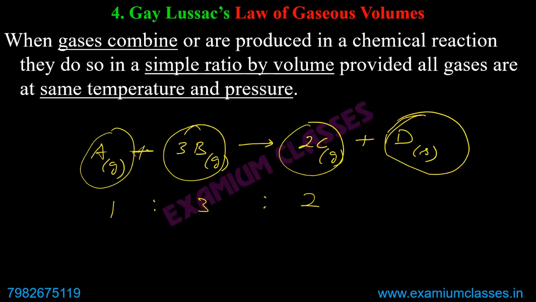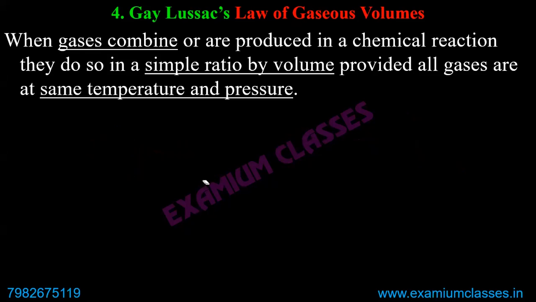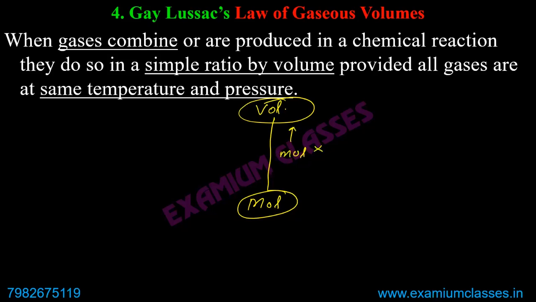Liquids and aqueous substances will not be considered, only gases will be considered. And the ratio of the volume will be actually the ratio of their moles, because you know 1 mole of the gas, if you convert into volume, if you remember that diagram, you need to multiply mole by 22.4.